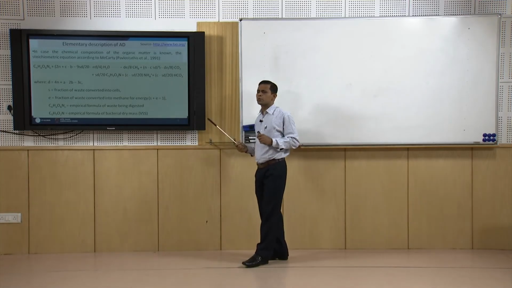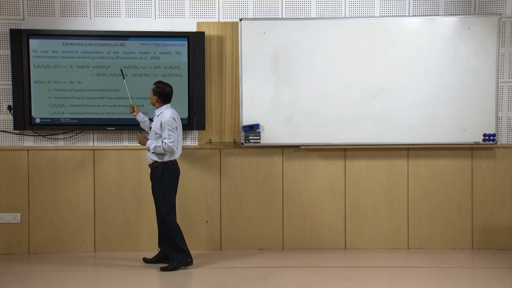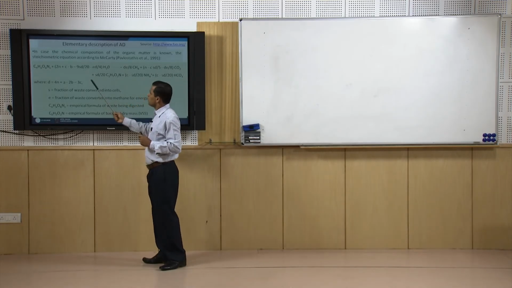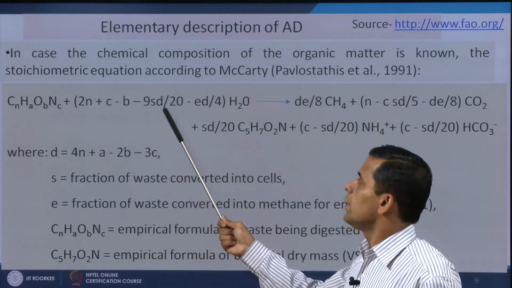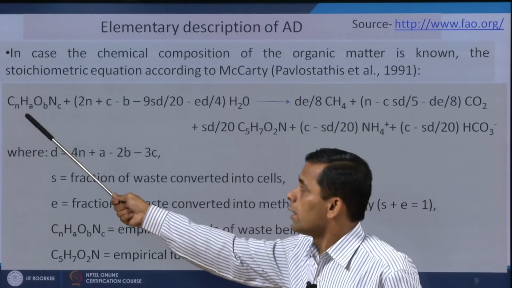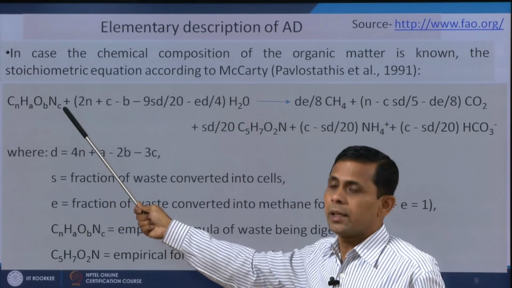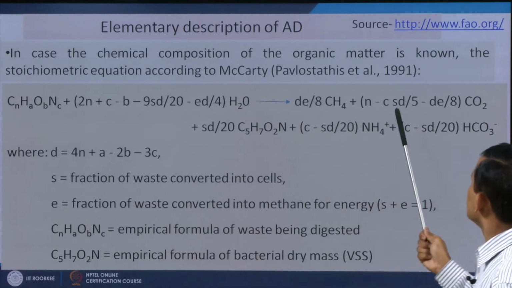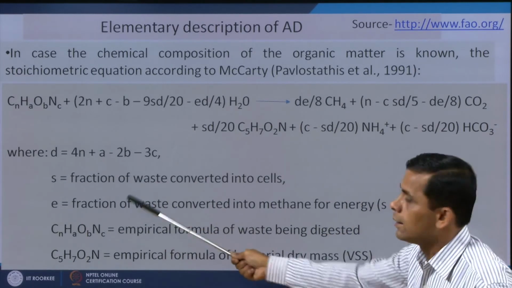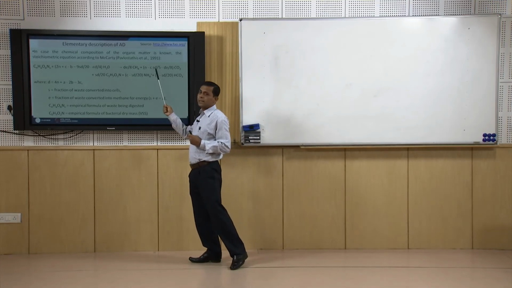It is interesting to see that the whole equation includes n, c, b and s, d in the coefficients. The n, a, b, c we can get from the CHNS analysis, but there are two other important terms, s and e, which have also been incorporated in the expression. What is s?